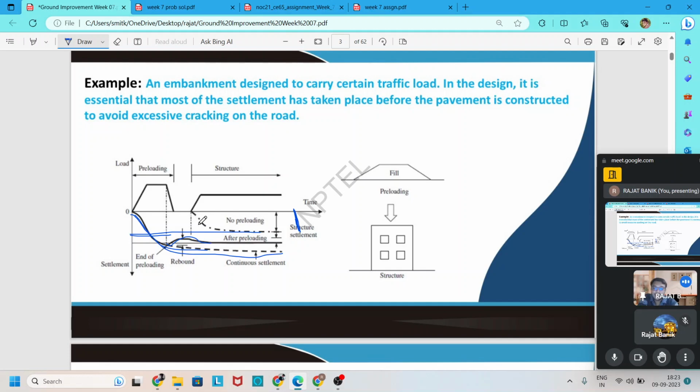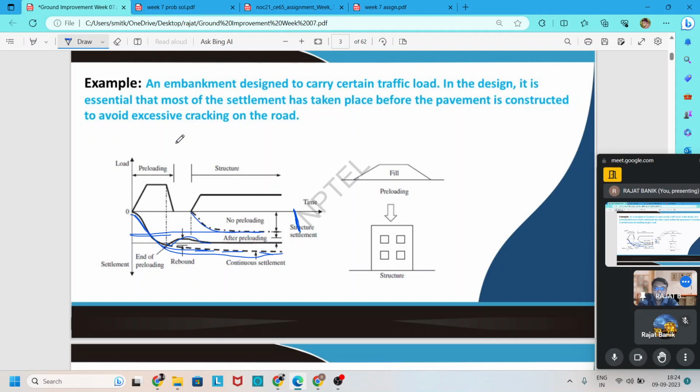Okay, and after that, when we apply our permanent structure on this soil, the ground resists settling under the permanent structure below our preload settlement, because our preload is greater than the structural load, so the corresponding settlement is also greater than that of our structural load. If we do not apply these preloads, the ground settlement is like that.